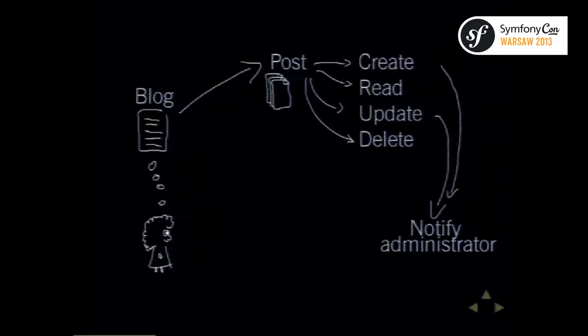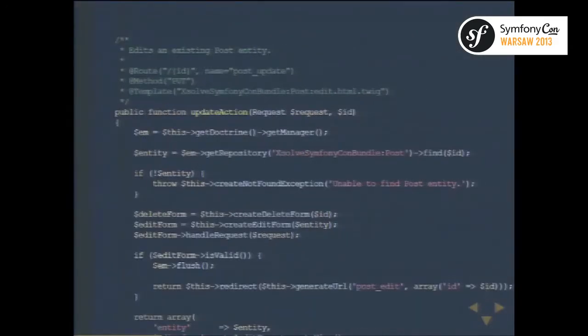Okay, so we've got the story, backlog, and use case. We're working mostly with update because it is the most complicated, as far as I know. So we are creating from the console the Xsolve SymfonyCon bundle.